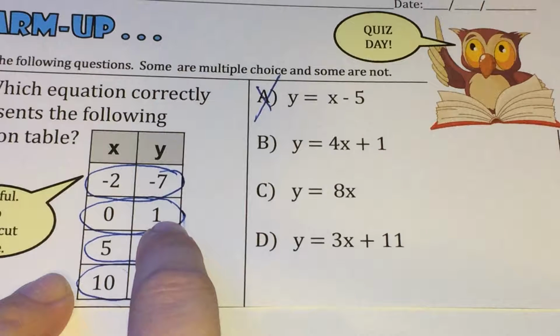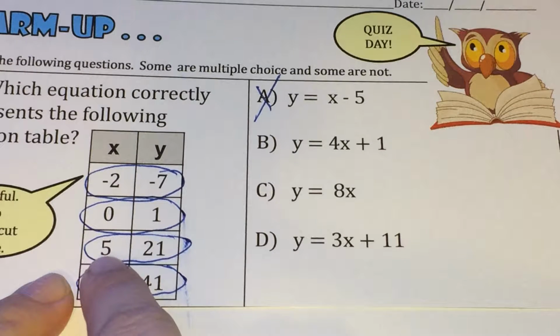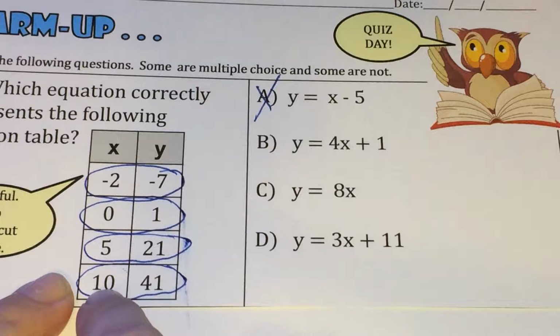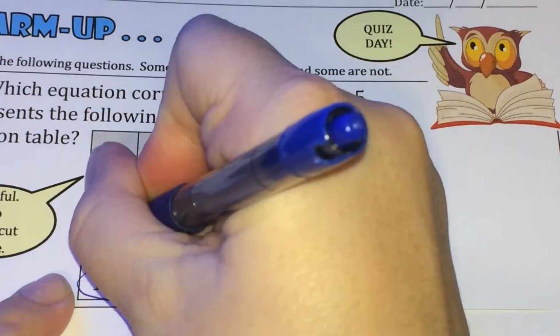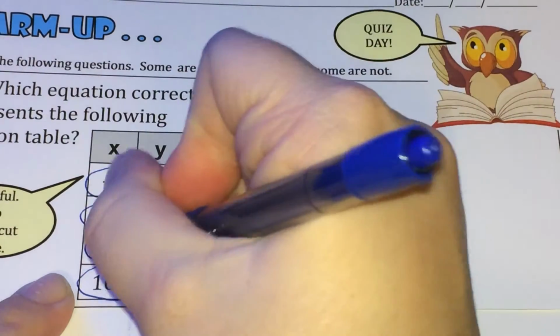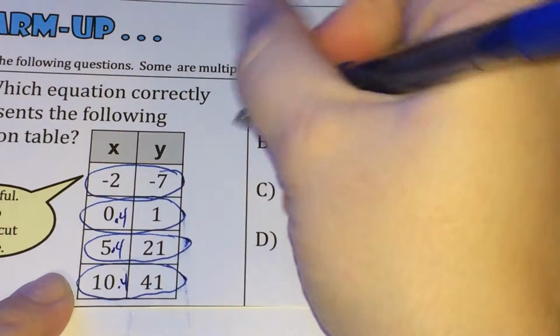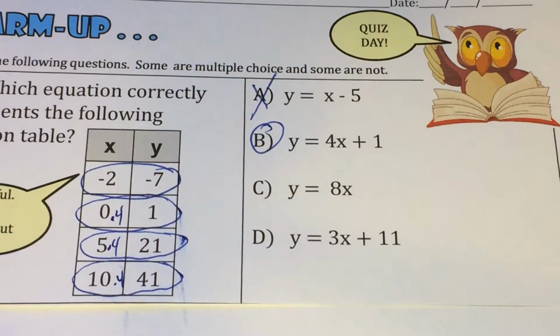And 0 plus 1 is 1. 5 times 4 is 20. 20 plus 1 is 21. 10 times 4 is 40. 40 plus 1 is 41. So this is times 4 plus 1. B is our correct answer.